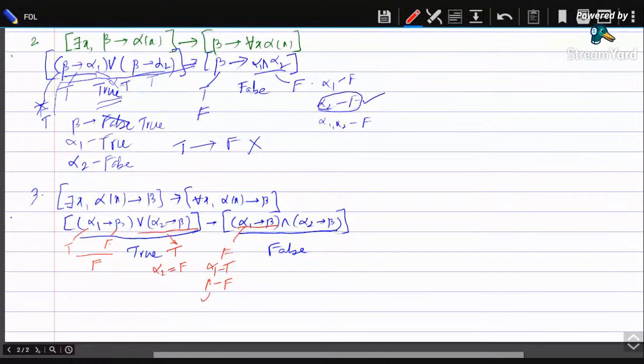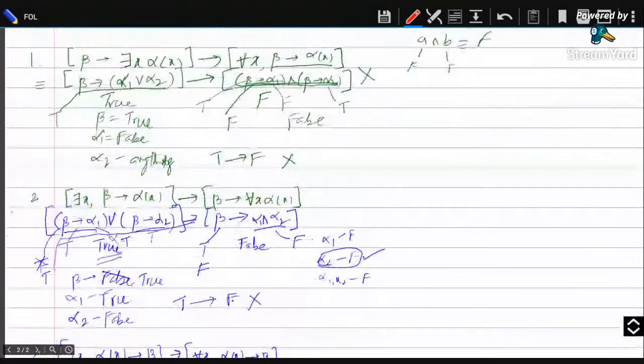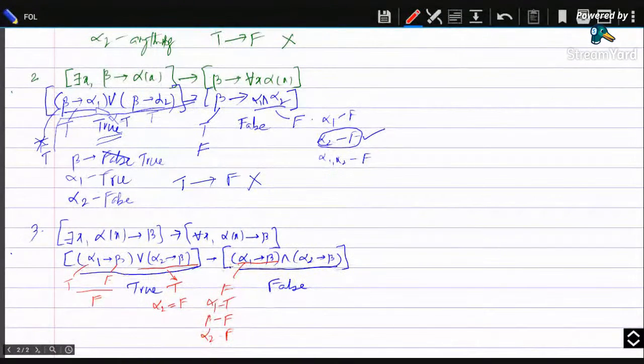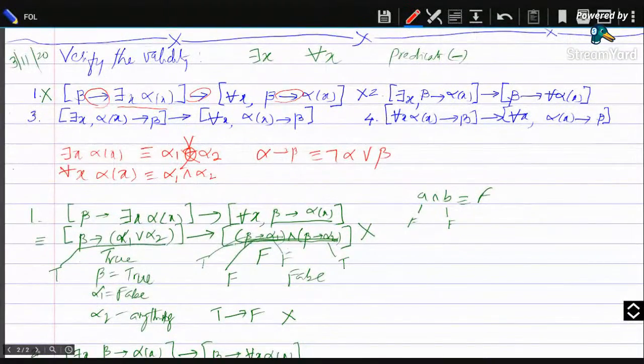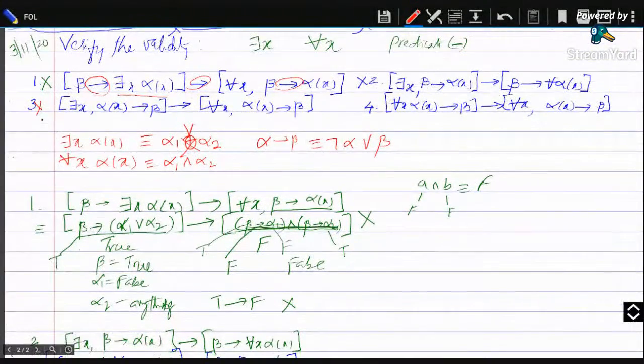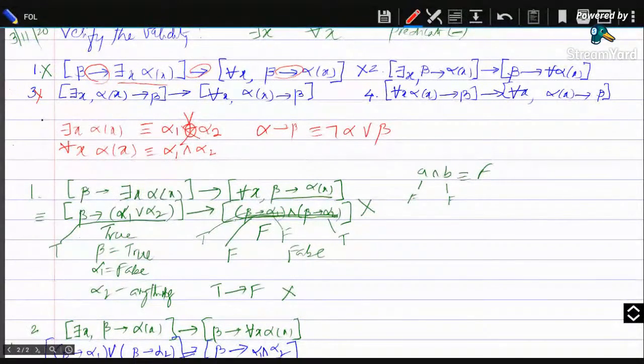So if I use alpha 2 to be false, then this left hand side will be true, but this is false. So true and false is going to be false. Therefore, left hand side is true, right hand side is false. Therefore, this also doesn't hold. Third one also is invalid.